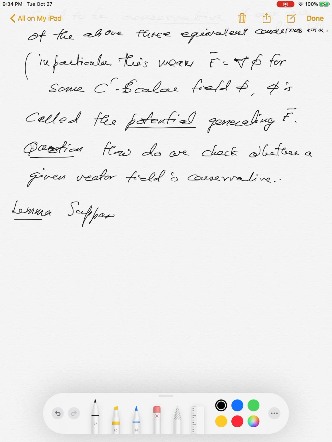So first observe, I will write this as a lemma. Suppose now I make one more assumption, that my F is not just continuous but is of class C1. Suppose F bar from D, which is a subset of R3 to R3, is a C1 vector field. And let me state it first for vector fields in R2.